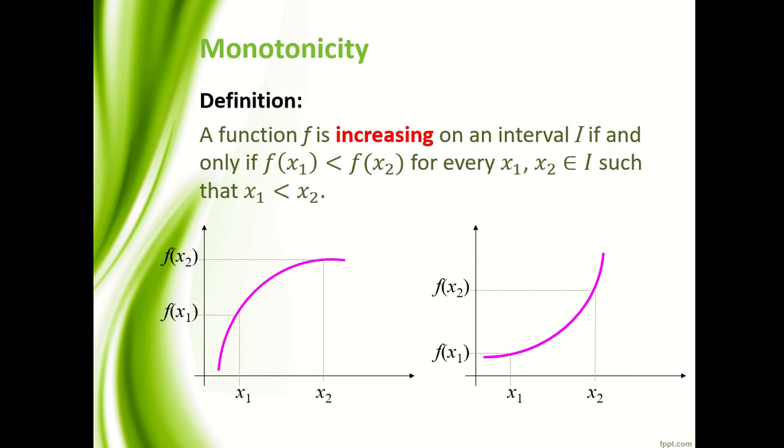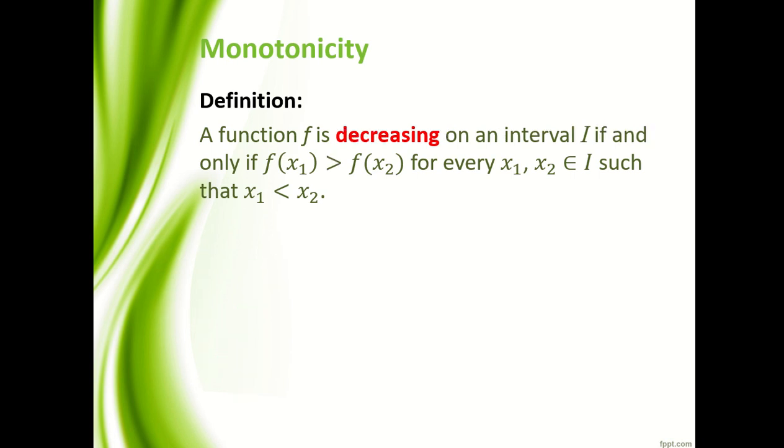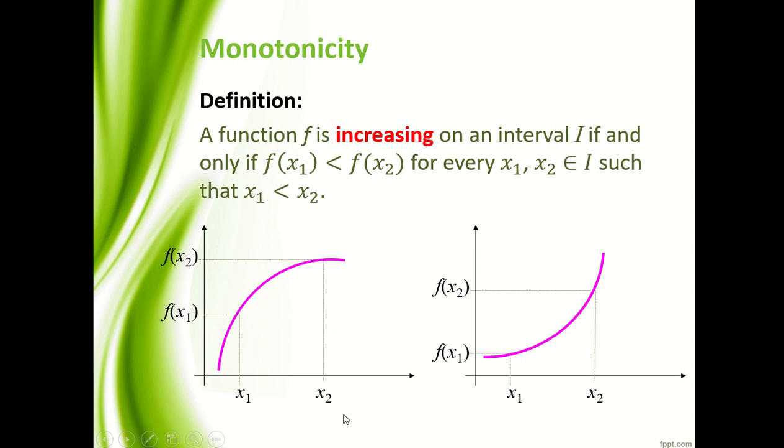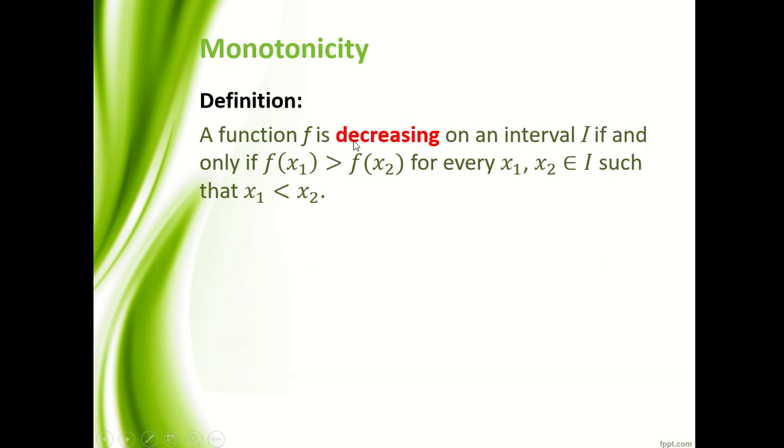Okay, so that's the first definition of monotonicity. The other one is when a function f is decreasing. The first one was increasing, so this is the picture of increasing. The other one is decreasing. A function f is decreasing on the interval I if and only if, this time, the opposite: f of x sub 1 is greater than f of x sub 2 for every x sub 1, x sub 2 that is an element of I such that x sub 1 is less than x sub 2.